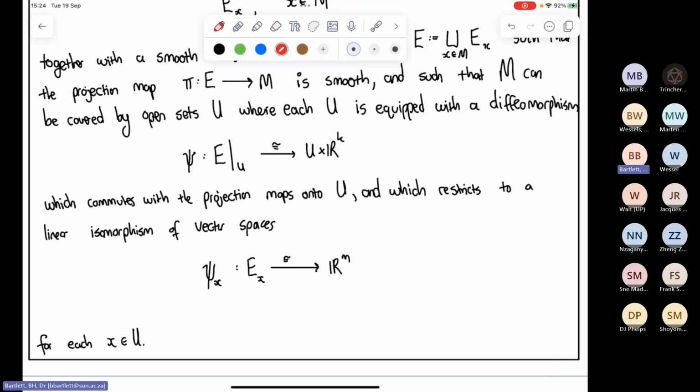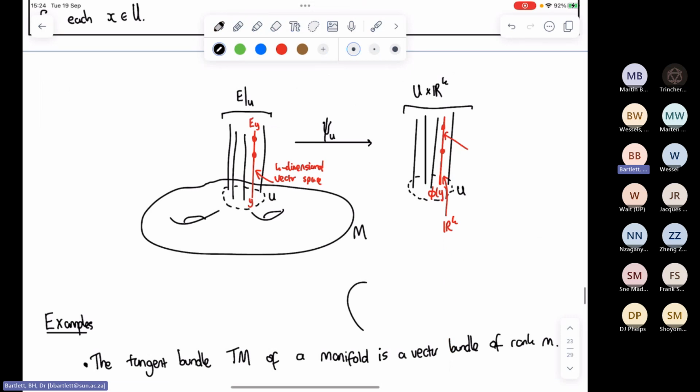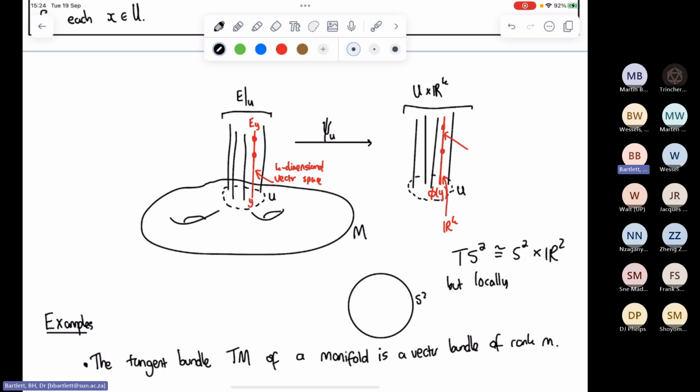Okay, so just like if you think about the tangent bundle of the two sphere, I said to you earlier, so here's S^2. I said to you earlier that the tangent bundle of the two sphere is not the same as the two sphere times R^2. It's not diffeomorphic to that. But locally it is true.